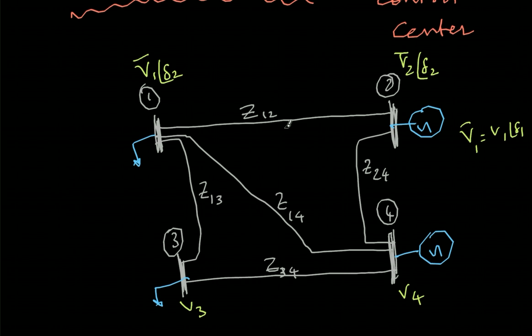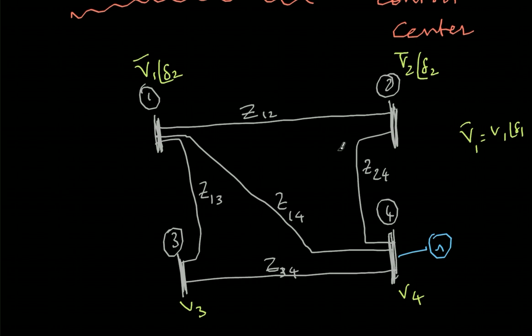The same network, the same parameters, and the same or maybe different voltage values because the generations are moved. Now the power will be flowing from 2 to 1 maybe, and 4 to 1 maybe, and so on. The location of generation and load is not important right now because I'm only worried about modeling the network part.